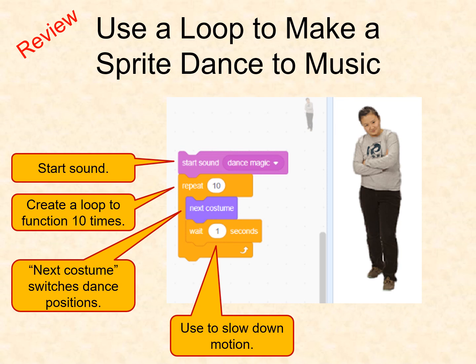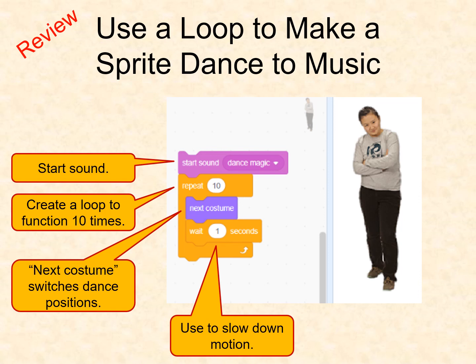For example, we wanted to have Anina dance, which in terms of coding in Scratch would mean to change Anina's costume several times and play music in the background. So instead of having to type next costume, next costume, next costume, and so on, we simply used a repeat loop and said wait 1 second to allow time for everybody to view Anina's dance moves, costumes, and we repeated it 10 times.